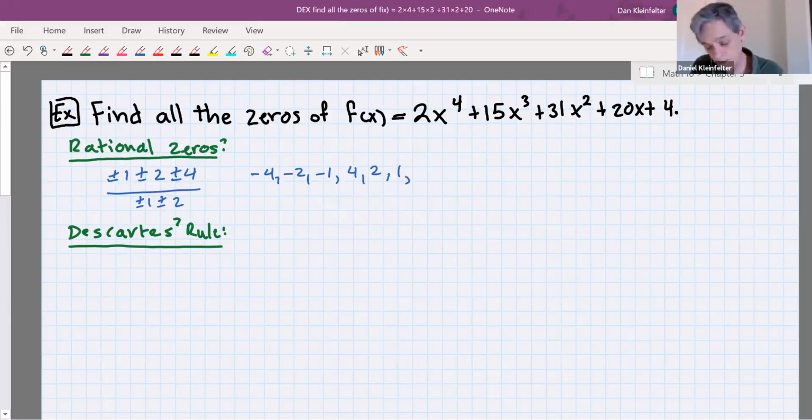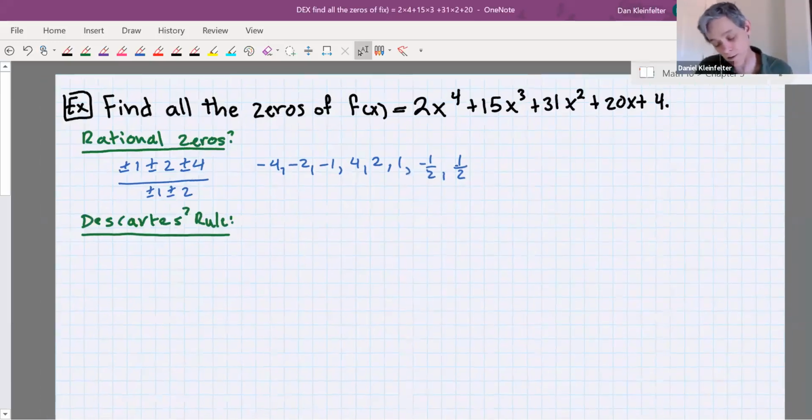So that will be plus and minus 1/2. So -1/2 and +1/2. Then 2 over 2 is just equal to 1, and I've already got that, so we'll skip that. And then 4 over 2 is going to be 2, and we actually already have that. So there's all of our possible rational zeros.